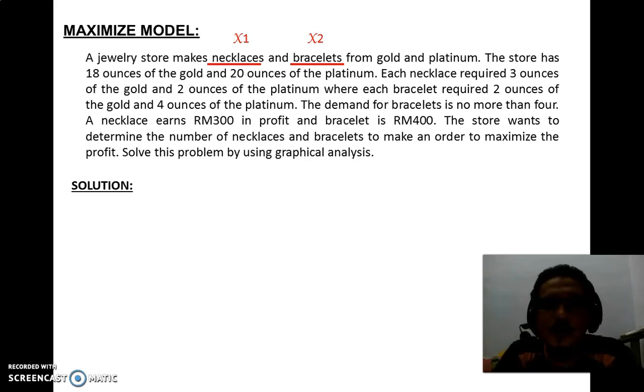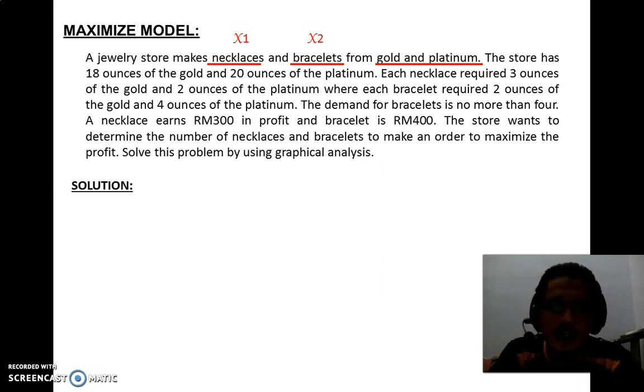From the gold and platinum, that means they have two materials mixed to produce a necklace and bracelet: platinum and gold. The store has 18 ounces of gold and 20 ounces of platinum.